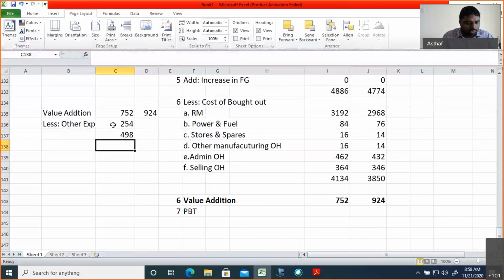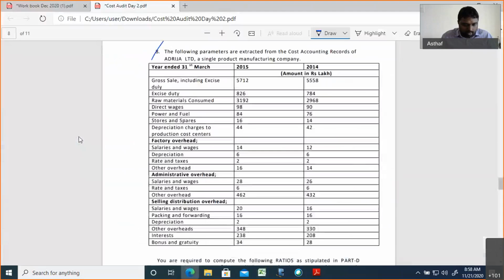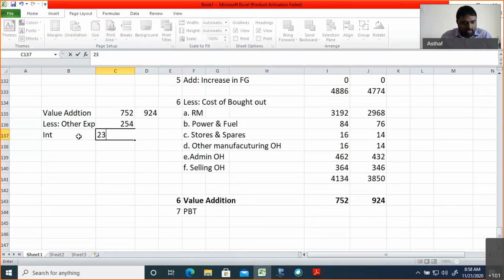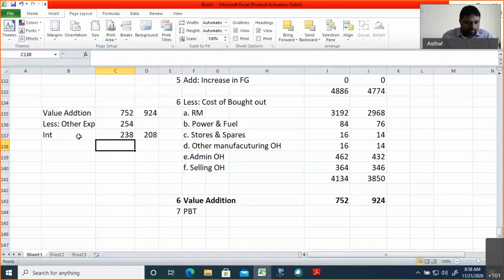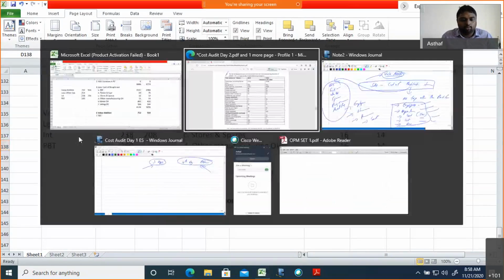You have to reduce your interest. What is the interest amount? Interest amount 238 and 208. So the PBT will be 260.